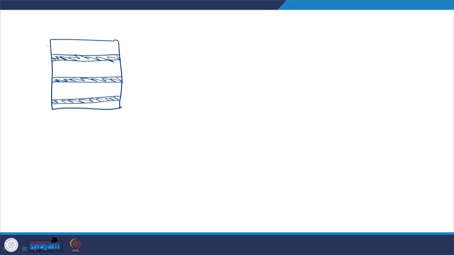Suppose this region has refractive index n1, this region has refractive index n2, and this is periodic, and light is incident from the top.